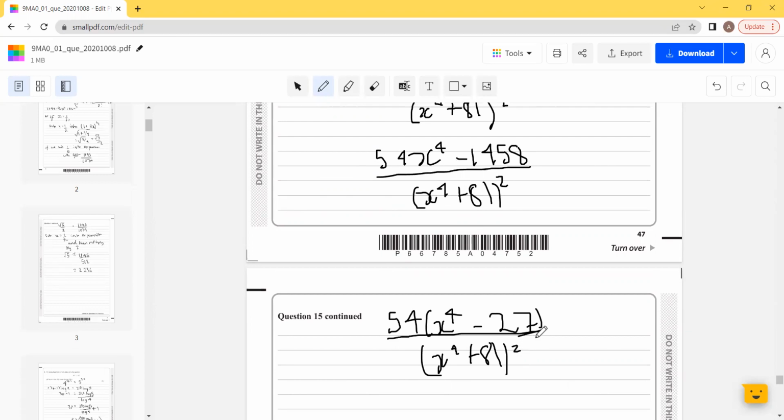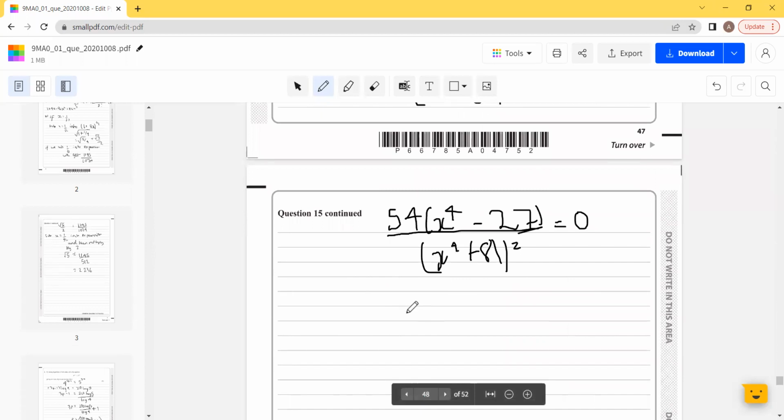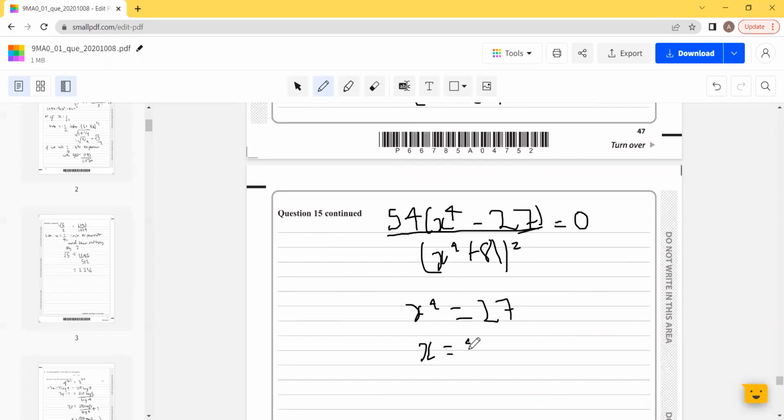I'm going to set this equal to 0. So x to the 4th power is equal to 27. So if I solve this now, I can just get x is equal to the 4th root of 27.